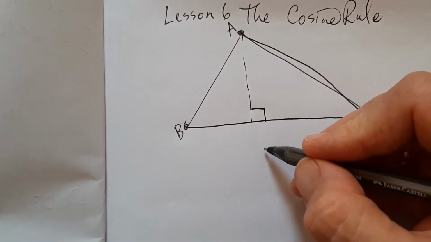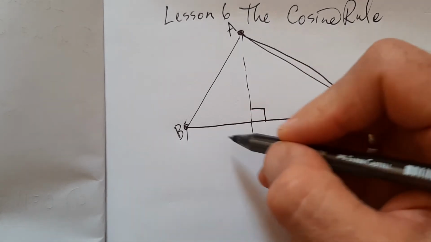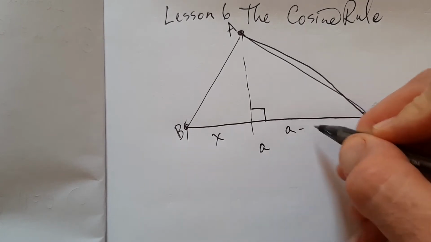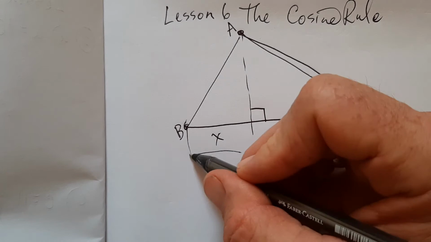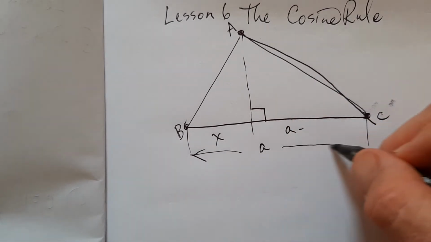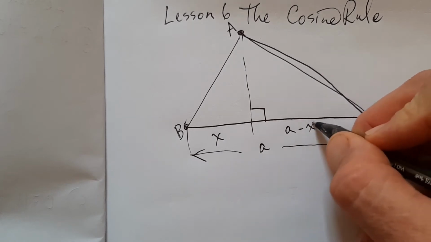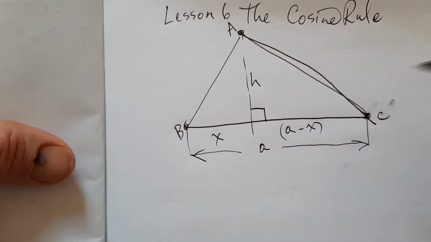And this is going to be side A over here. Side A we're going to break down into something we don't know. This length x here. A is the whole length, right? So if part of that length is x, then this other part is A minus x. And we'll call this h, the height of the triangle.